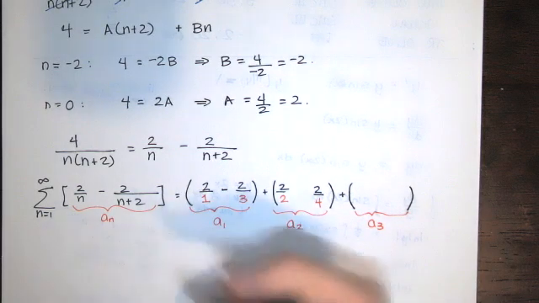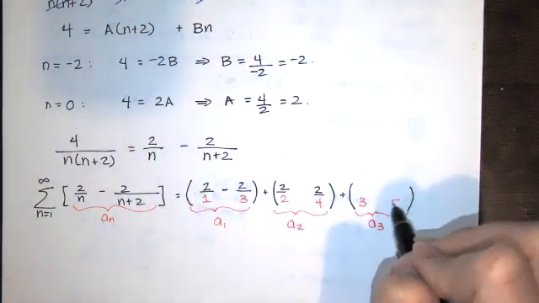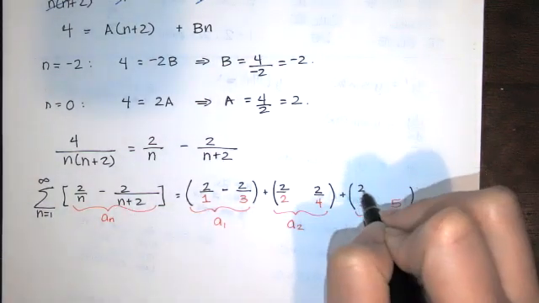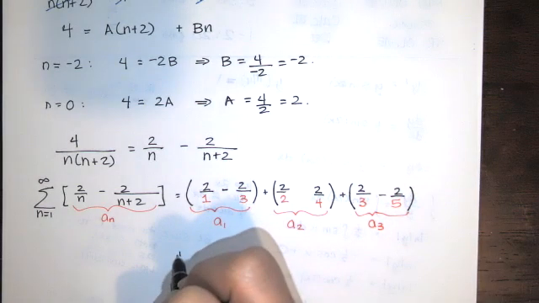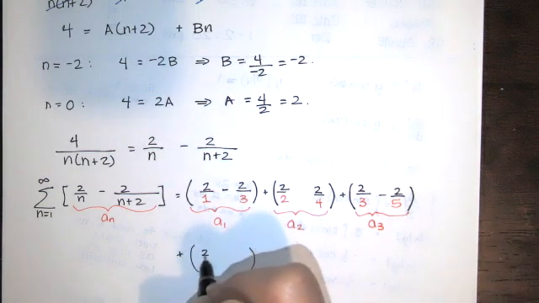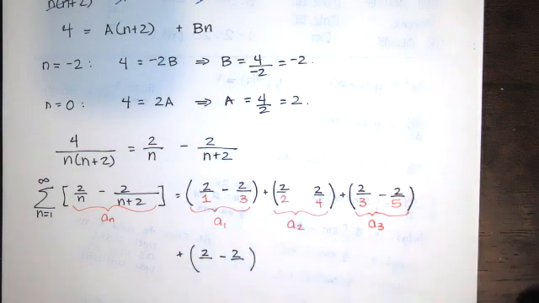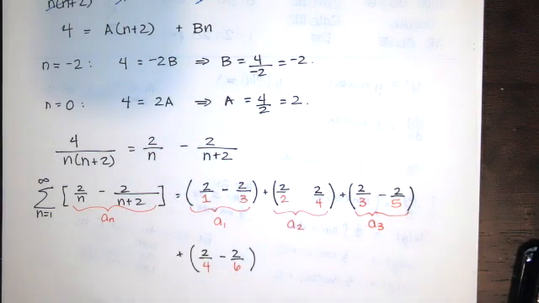When n is equal to 3, we're going to have a 2 over 3, and 3 plus 2 is 5. When n is equal to 4, we'll have 2 over 4 minus 2 over 4 plus 2, which is 6, and so on.